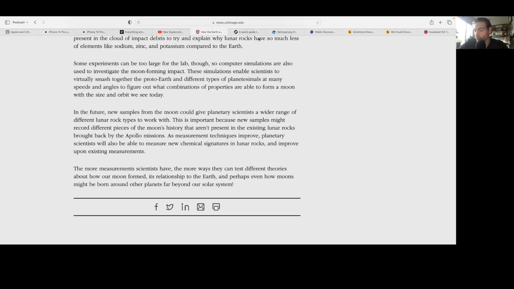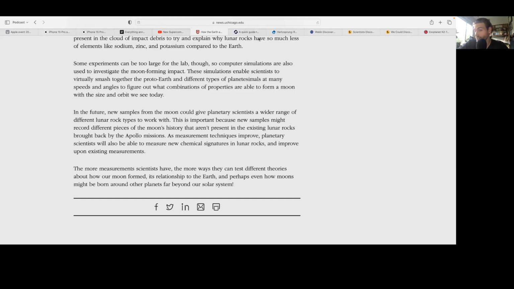Because if we know the contents of the moon and we know the contents of the Earth, and we see that there are parts from the Earth that are in the moon at higher concentrations than we would have thought, then that could rule out something like the moon just coming into the orbit of the Earth, not colliding with the Earth at all, and being a completely foreign body that was independent from the Earth.